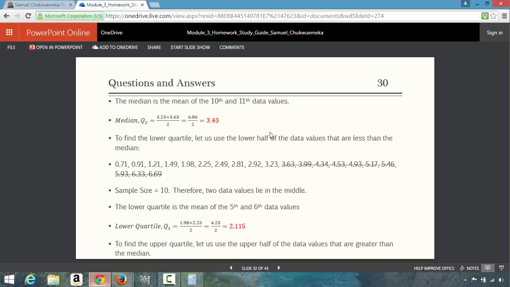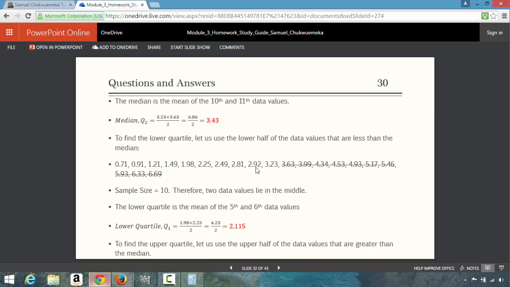Okay, folks, see what you now do. All the data values lower than 3.43, find the median of it again. You understand what I'm saying? The median of the lower half of the data values less than this median. So when you do that, what do you have?